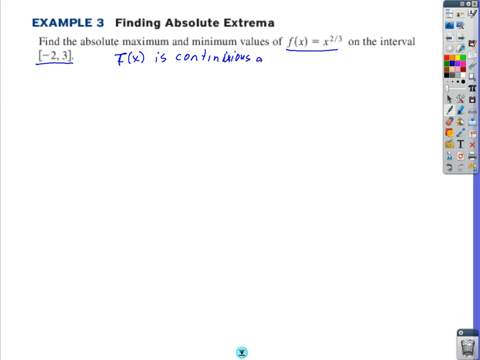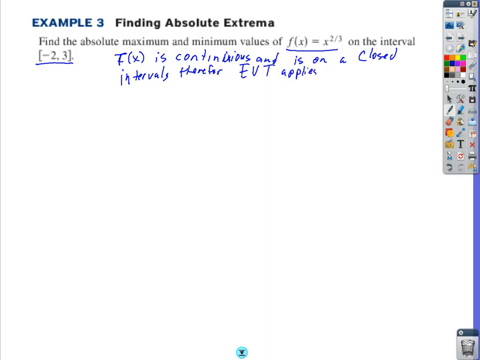Continuous, and on a closed interval. So if my function is on a closed interval, therefore EVT applies.